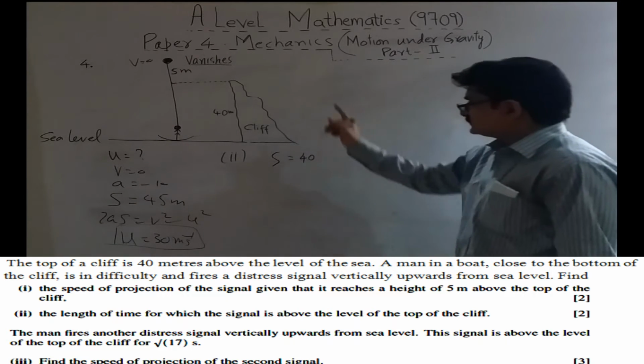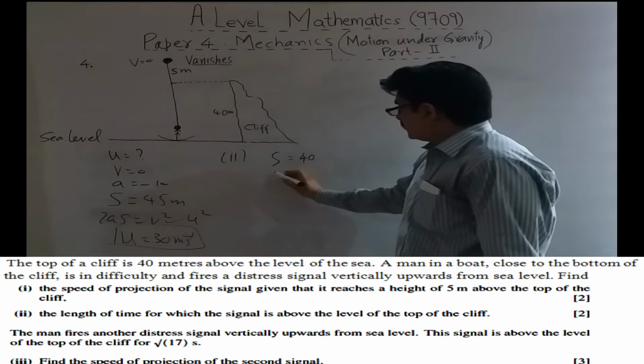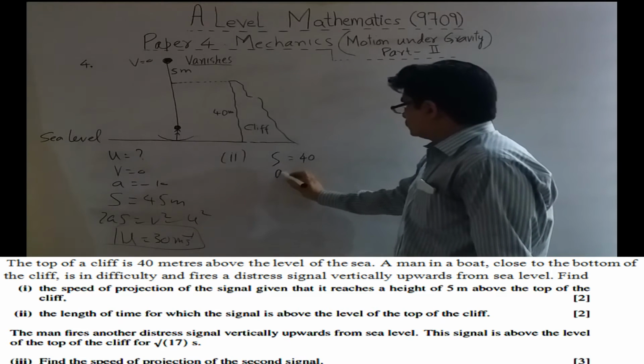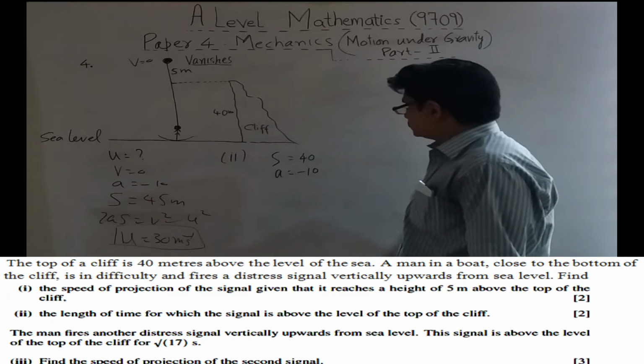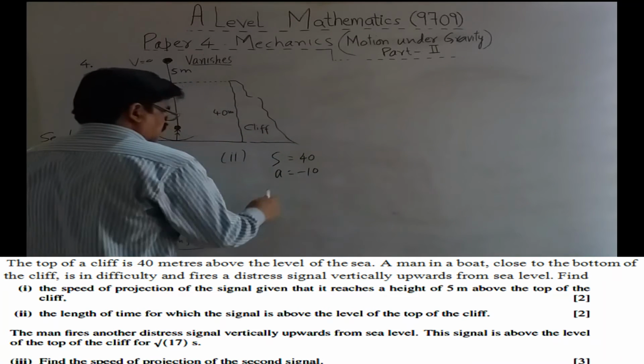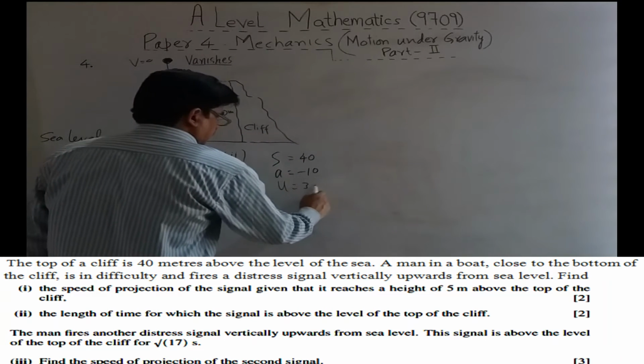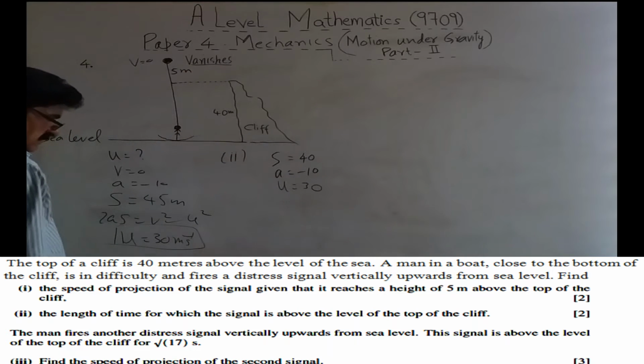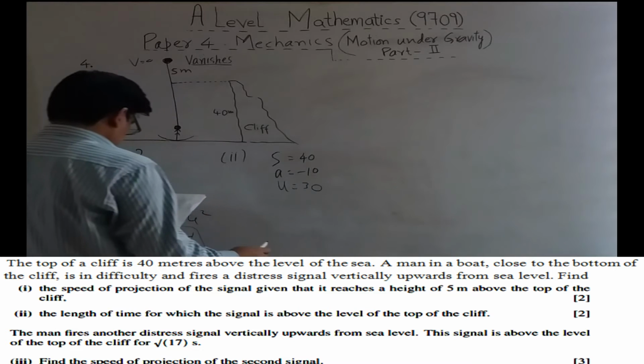So we can put s is equal to 40 and acceleration is minus 10. Initial velocity we have found is 30, and for this we find time.